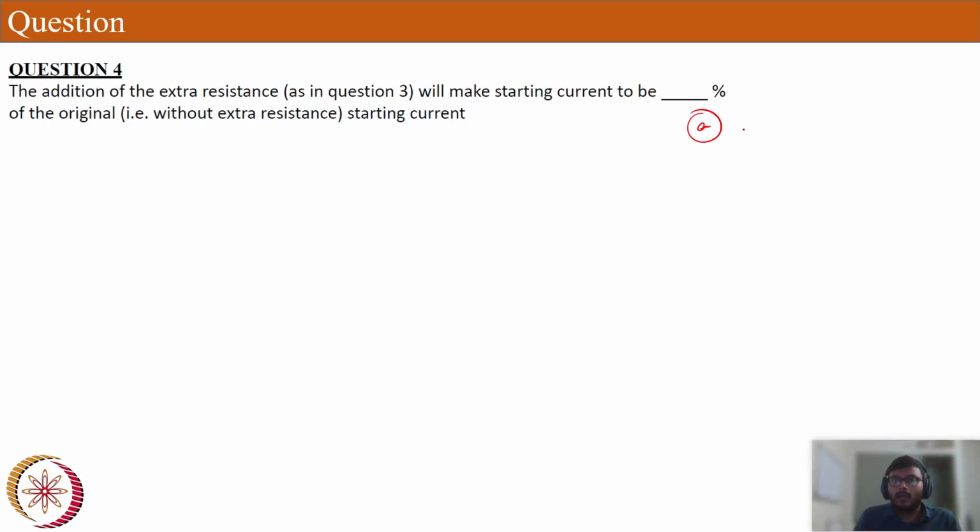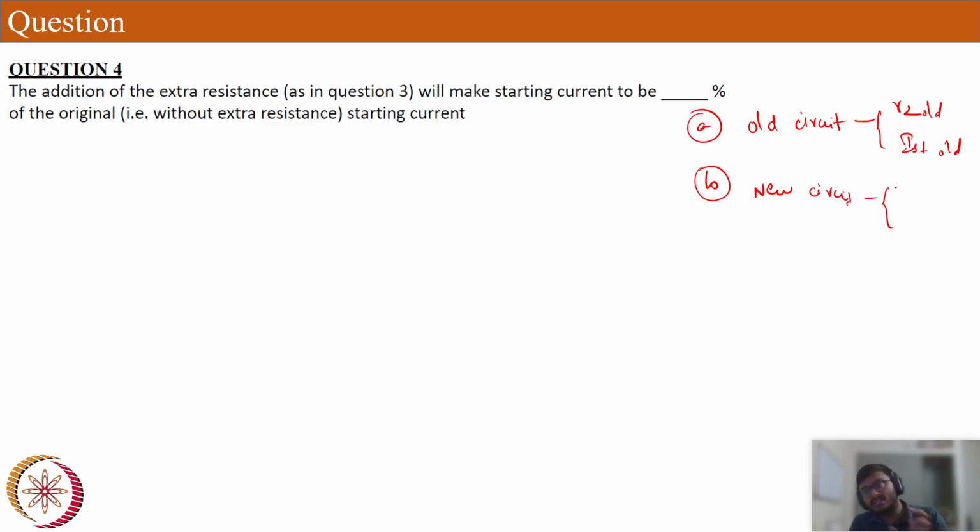Case A, old circuit, will have old resistance R2 old and starting current old. Now with the new circuit, we have added some additional resistance, that is 83 milliohms. So my R2 entire will be R2 old plus that 83 milliohms. So I have R2 new, I know the value also.